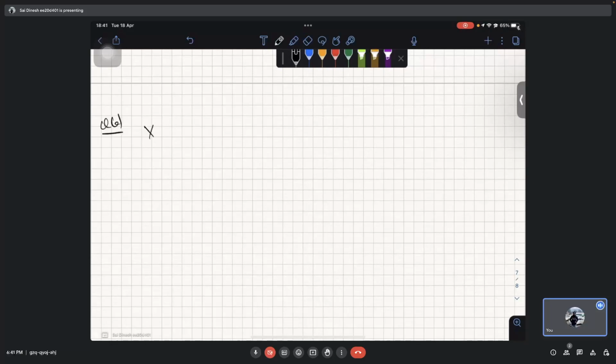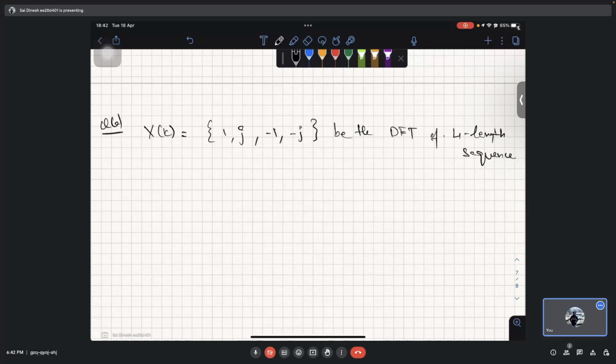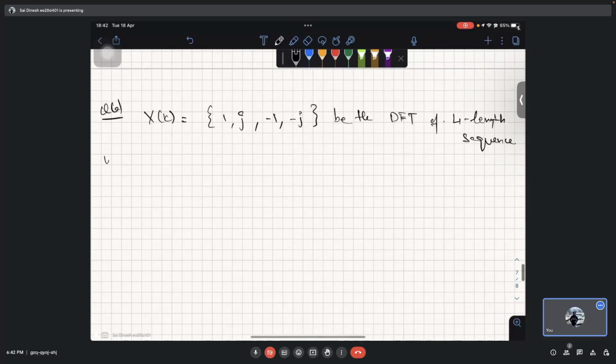Question 6. Say X of k is 1, j, minus 1, minus j, be the DFT of a four-length sequence, right? So then what is j power n into x of n?